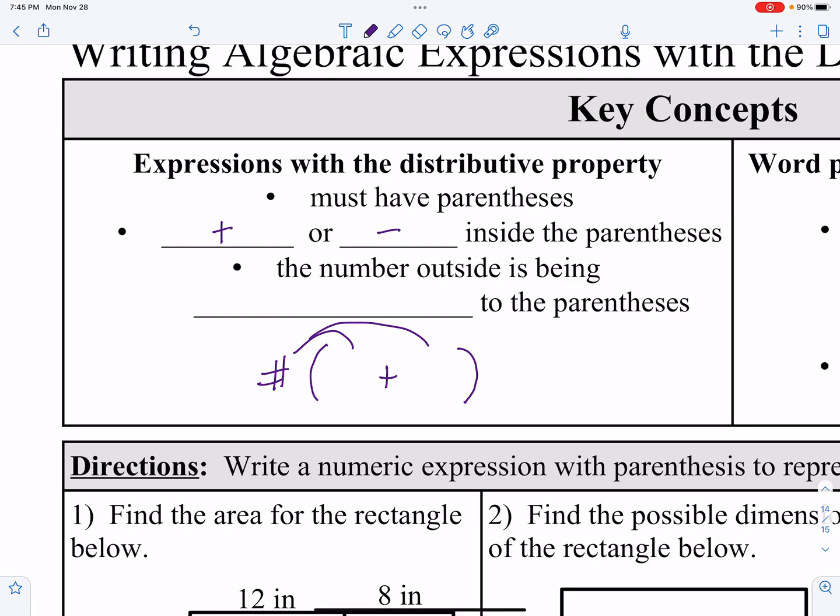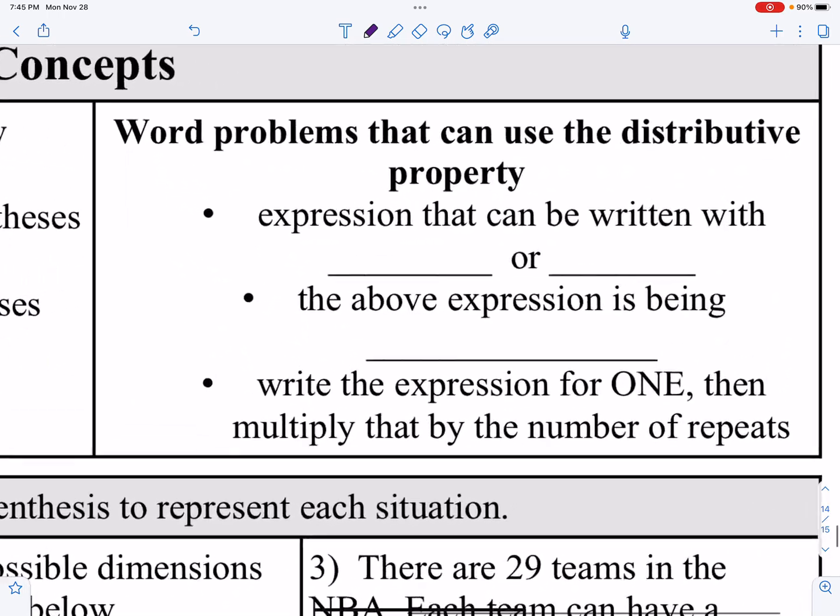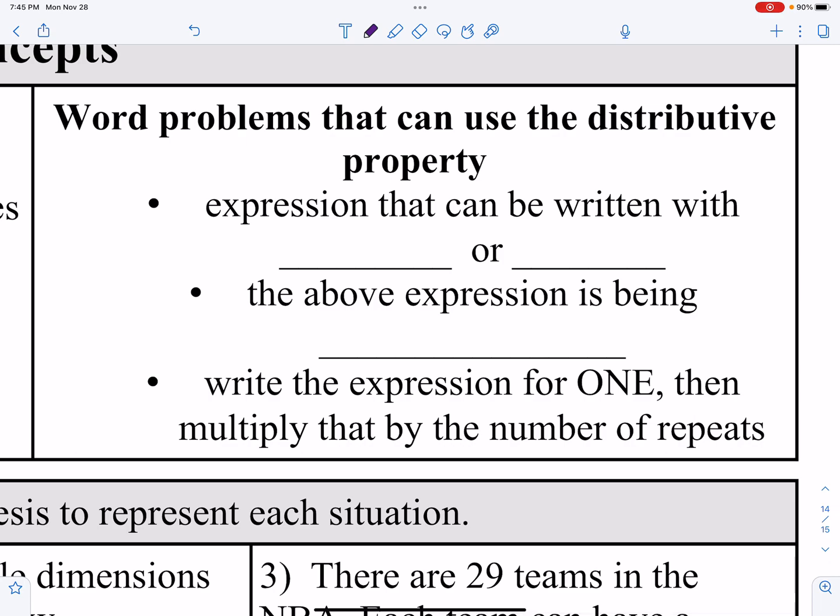And the number outside is being distributed or multiplied to the numbers in the parentheses. And so that is the important stuff with that. All right, let's move on to the next part.